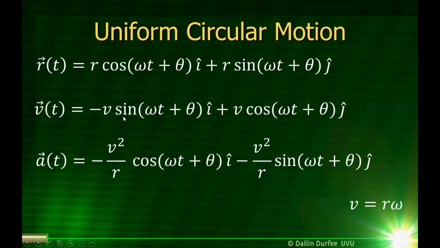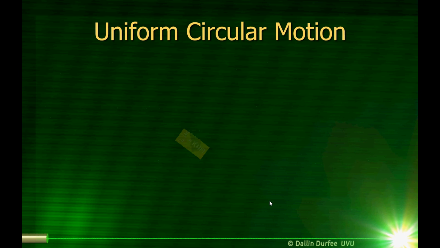V is just negative v sine in the x direction, positive v cosine in the y direction, and acceleration is negative v squared over r cosine in the x direction, negative v squared over r times sine of omega t plus phi naught, I dropped my naught somewhere, in the y direction. But notice that this is just negative v squared over r squared times r, so the acceleration can be written in terms of r because they are in exactly opposite directions.